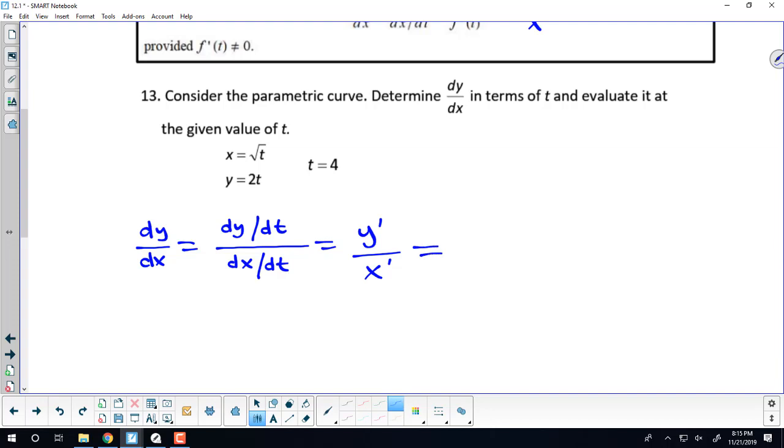So we just have the derivative of y with respect to t over the derivative of x with respect to t.